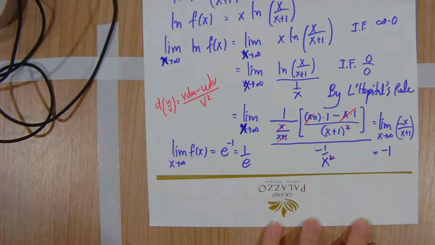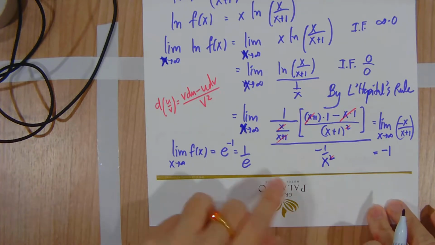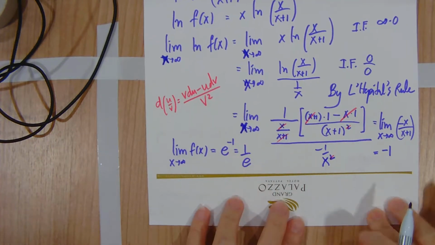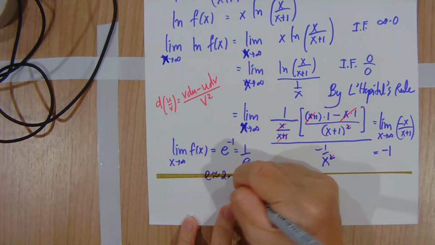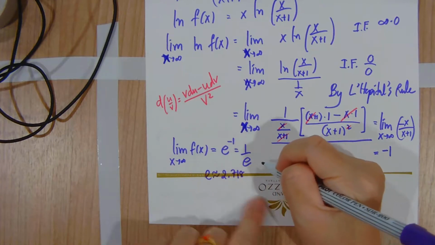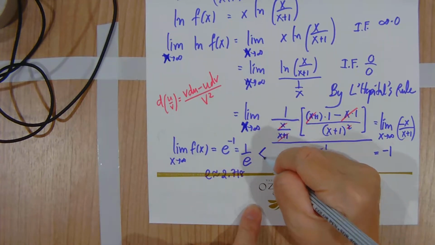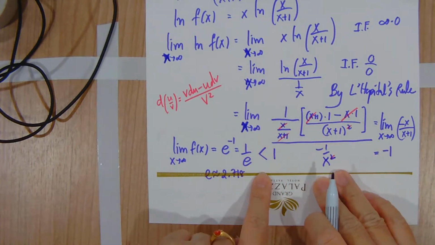Okay, so 1 over e, where e is approximately 2.7, which is more than 1. So 1 over e is less than 1.